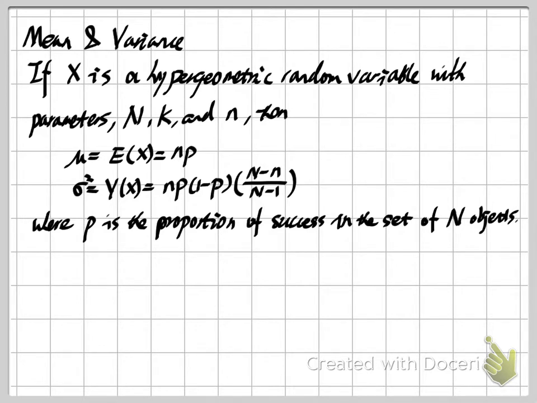Okay, and by this equation, maybe now you can have an idea why we call this a hypergeometric random variable. If you compare this with the mean and variance of the binomial distribution, you can see they have some things in common, like the equation of the mean and the formula for the variance.